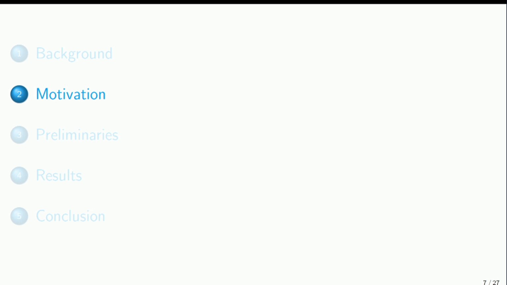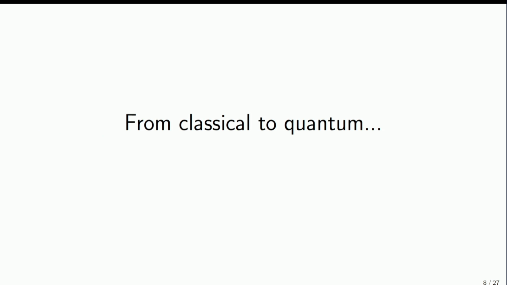So next I'm going to talk about the motivation. I have discussed the classical context so far, and from now on, I move on to the case where quantumness is required.